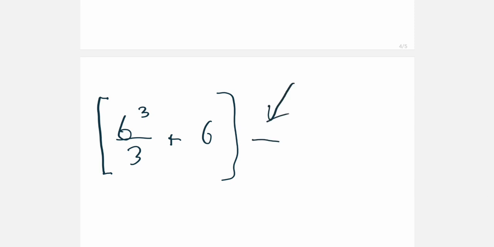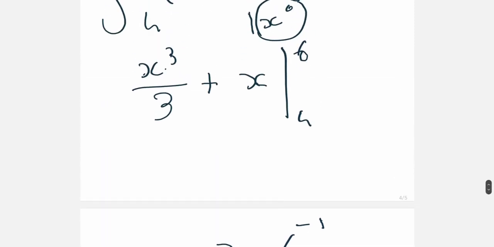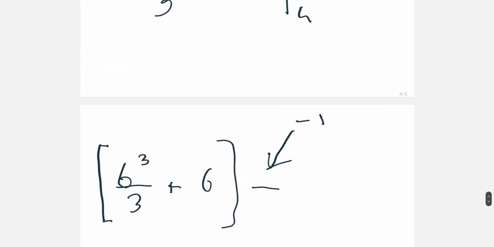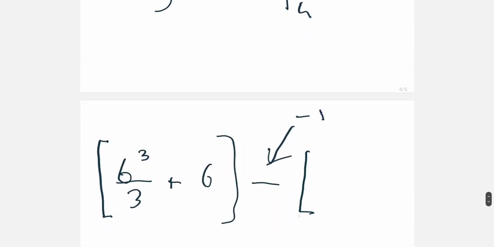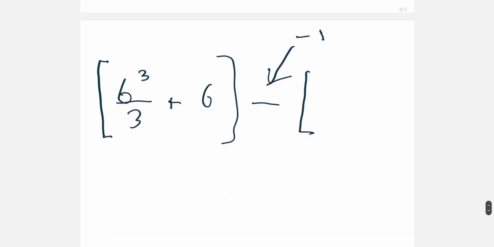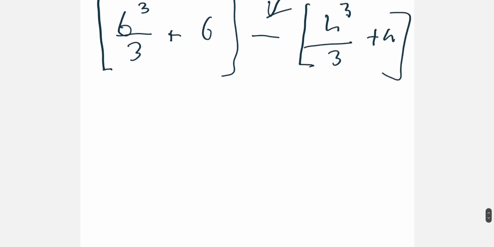Don't forget that this negative sign is -1, and then we have to plug this same formula in for 4. 4 cubed over 3 plus 4. There. So now we have to solve for that.